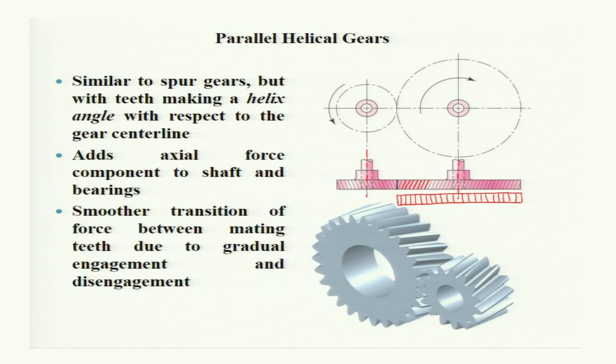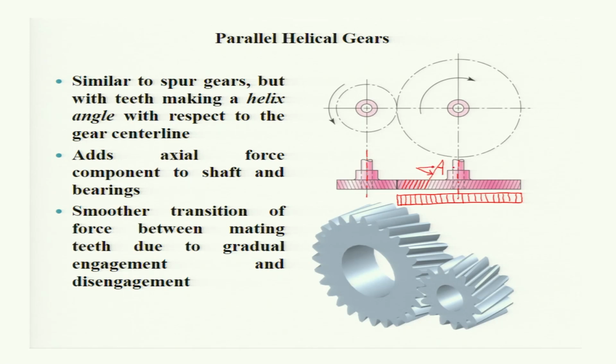Now, similar to spur gear, but with teeth making a helix angle, the angle which makes is called the helix angle. Okay, this is the helix angle. Now, due to this helix angle, the force is transmitted, or the normal load on the gear tooth will be in this way. It will have two components.